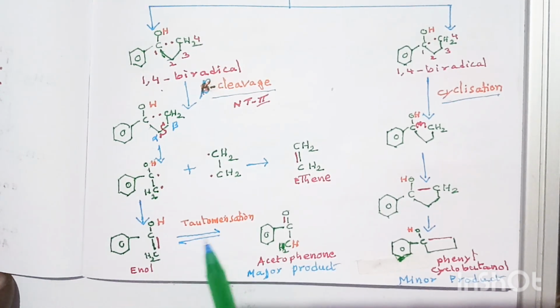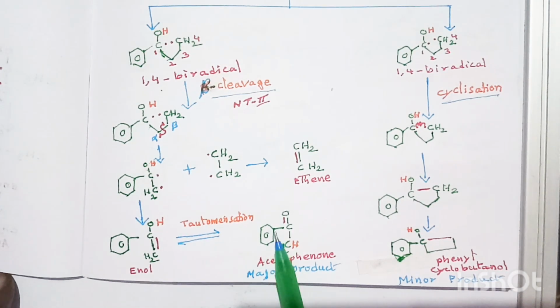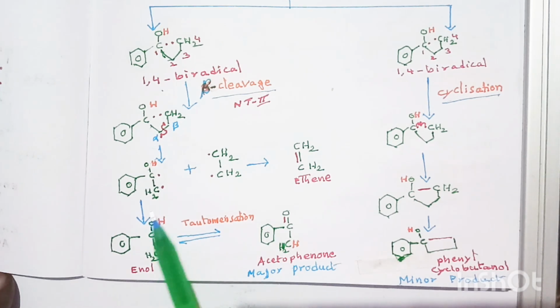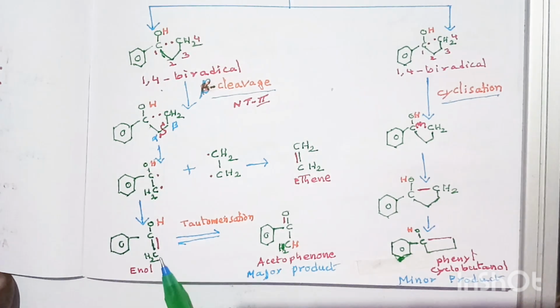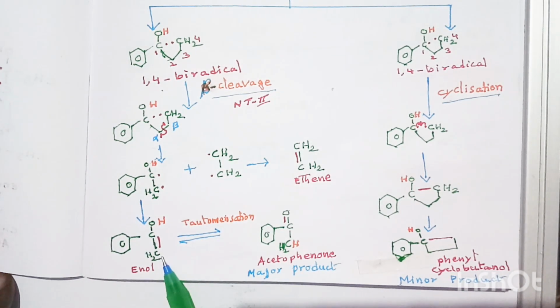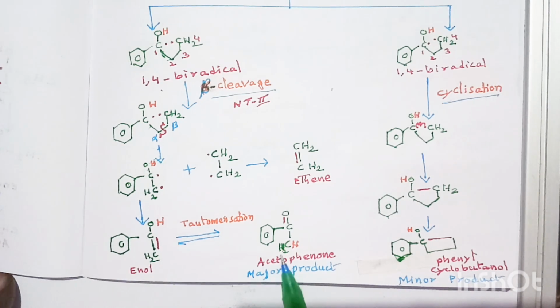This enol undergoes tautomerization to become stable and forms a ketone. This is acetophenone. Tautomerization means this hydrogen which is present with O will go down here and combine with this CH2 to form CH3.